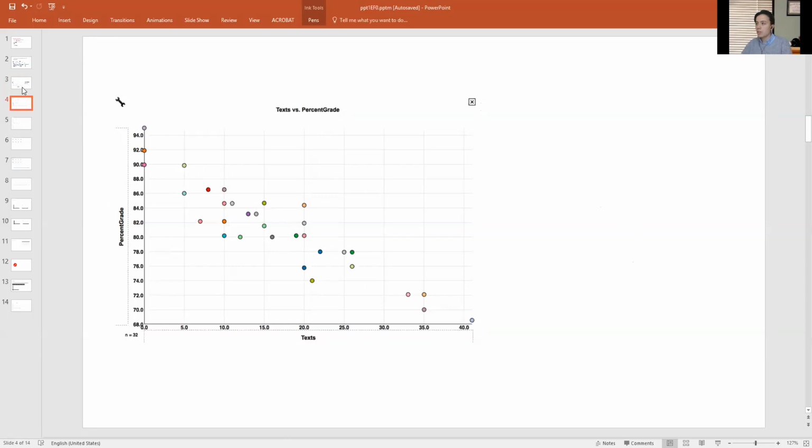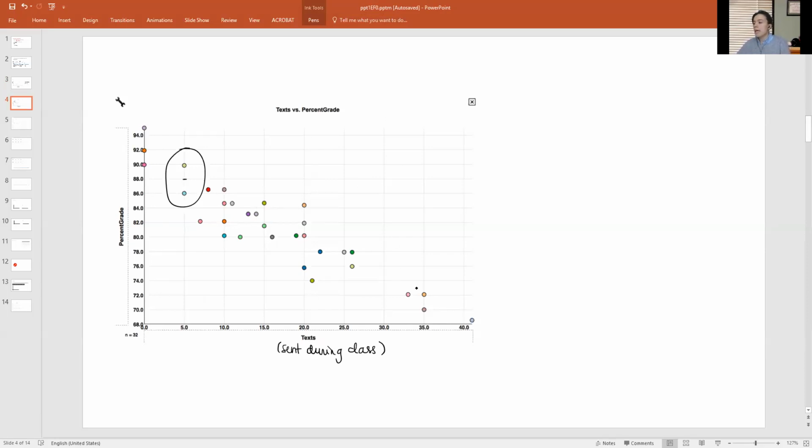Now we're going to talk about the other possible case. In this case, the number of texts that somebody sends during class time, and the average that they get for that given class. Right? And so if a person is sending very few texts, then they're going to have a percent average that is going to be more or less high.